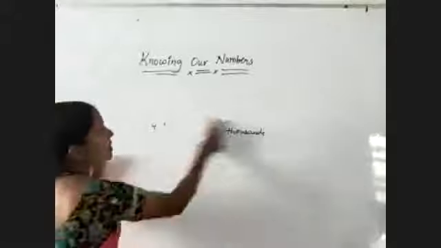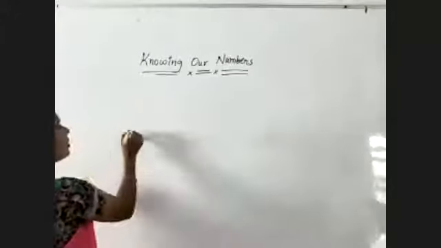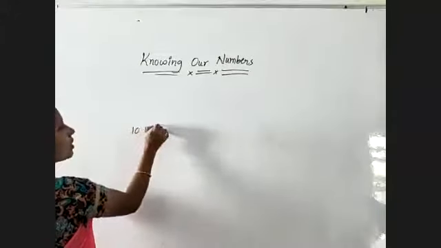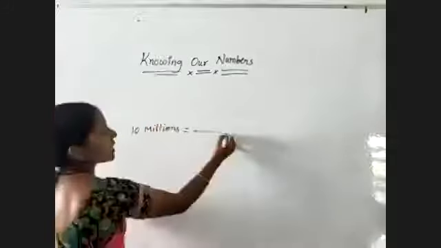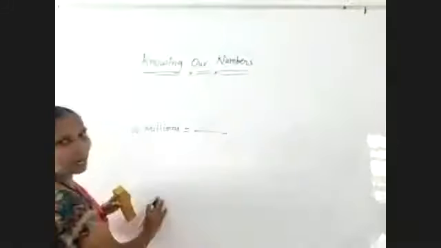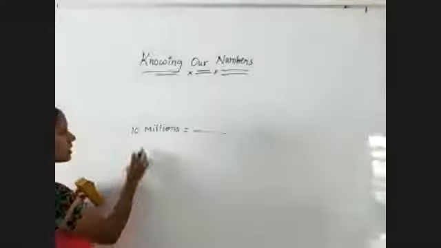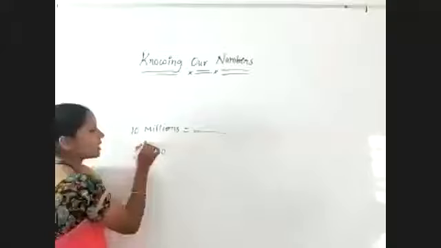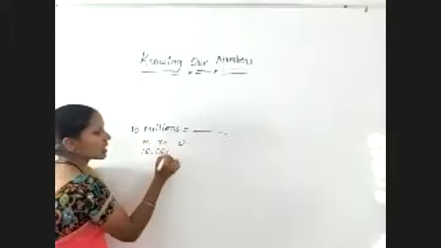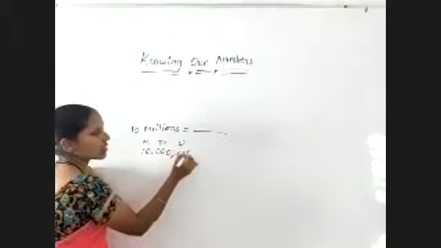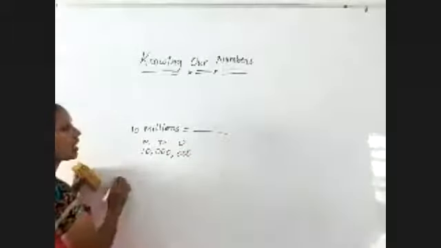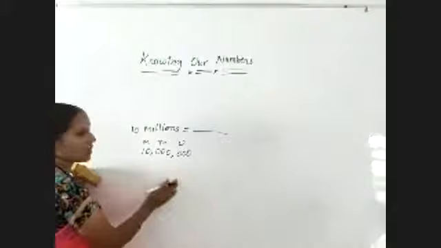First of all, I will write 10 million is equal to dash in the Indian place value system. So first, millions, thousands, units, thousands, 3 zeros, units, 3 zeros, 10 million. Now I want to write it in the Indian place value system.